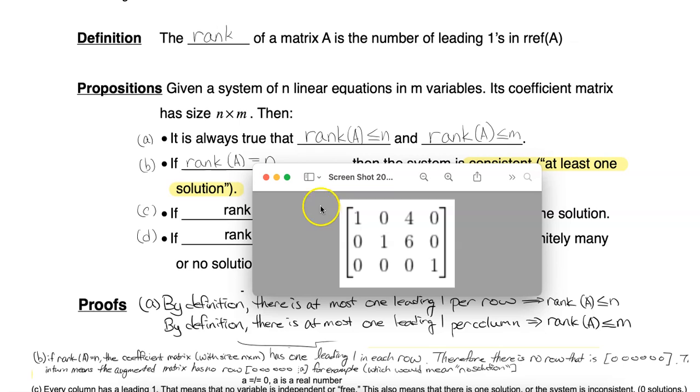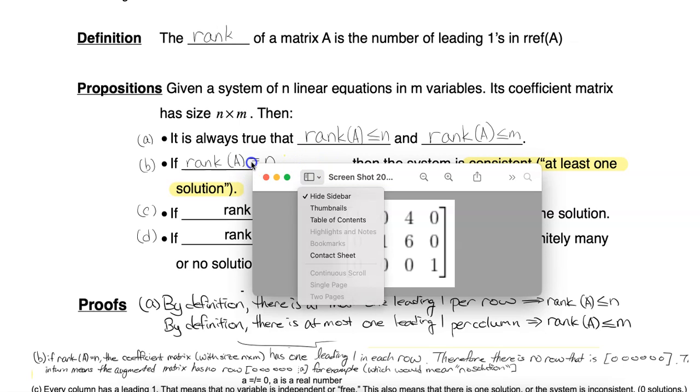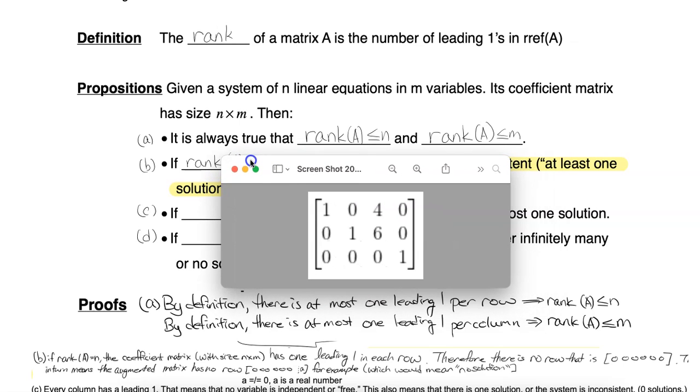So in this example, it's a 3 by 4 matrix, but think of it in general as an n by m matrix. The first proposition is that the rank of A is always less than or equal to n, and it's always less than or equal to m. By definition, the rank is the number of leading ones in a matrix, and there's at most one leading one per row, and also at most one leading one per column.